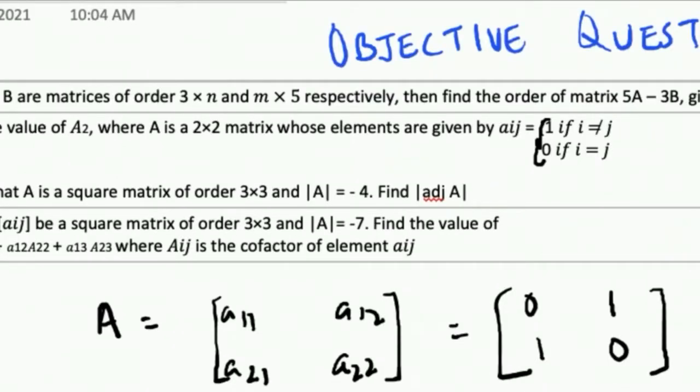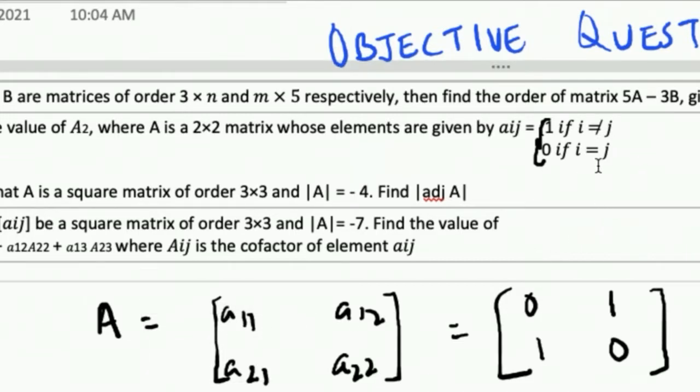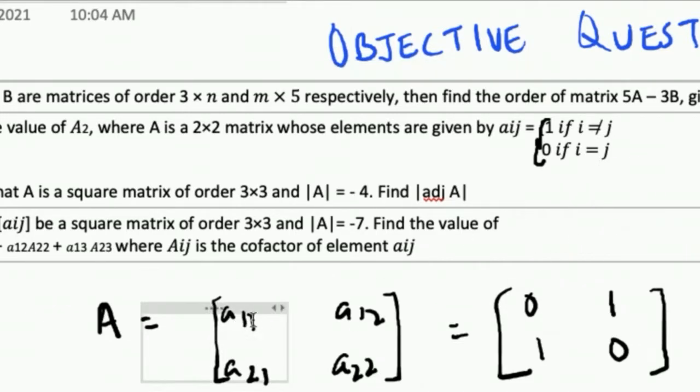2 cross 2 matrix A equal to a11, a12, a21, a22. Now when i is equal to j, the value is 0. So a11 and a22 will have value 0. So we get our matrix as 0, 1, 1, 0.